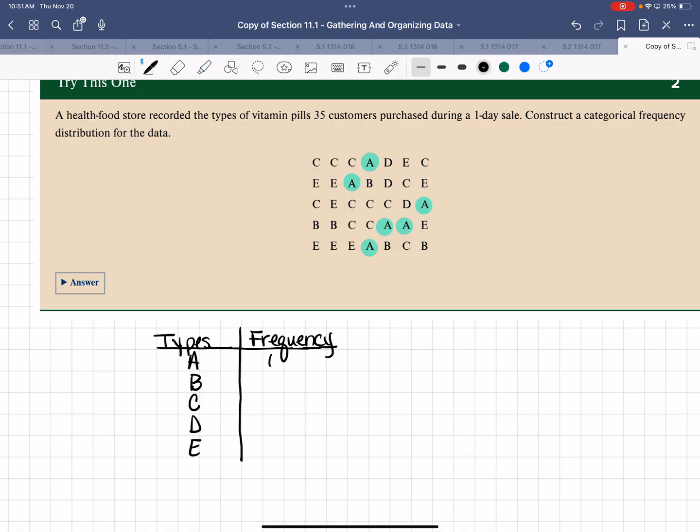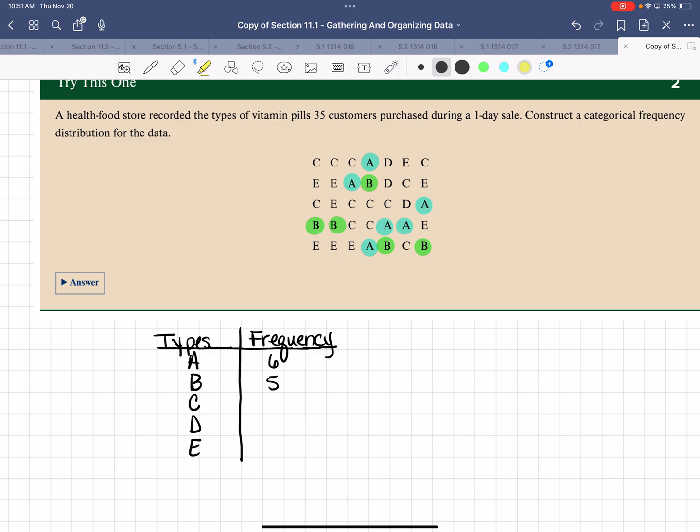Okay, so I put a 6 right there under the frequency, because that's seriously all we're doing. If I go to B, okay, so I've got 1, 2, 3, 4, 5 B's. Okay, I would suggest scratching out, and then that way when you get to the end, you'll notice if you forgot one, if you missed one, okay? I'm just highlighting so that y'all can still see things.